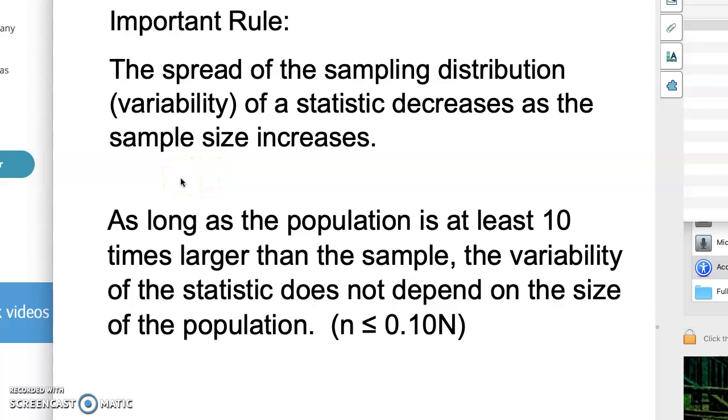Important rule: the spread of the sampling distribution, the variability of a statistic, decreases as the sample size increases. As we take bigger and bigger samples, we start to see less variability. Think about it this way. If there are 30 people in a room and I want to estimate their height, maybe I have one person that's 4'10" and another on the tall side that's 6'3".